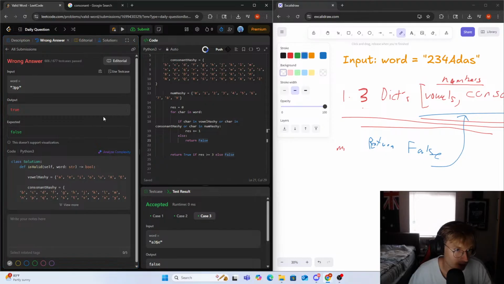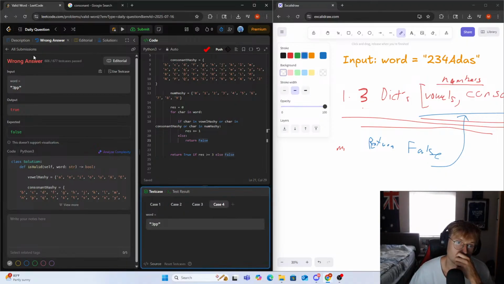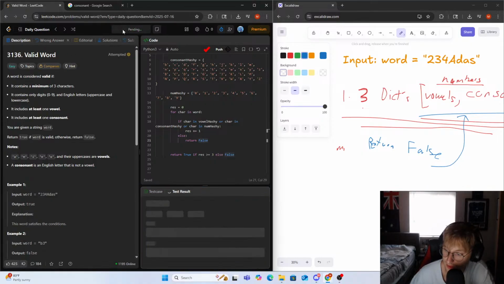Nope. Missing something. Okay, so what is wrong here? We're getting 3 PP and we're returning output true, expected is false. What is going on here?